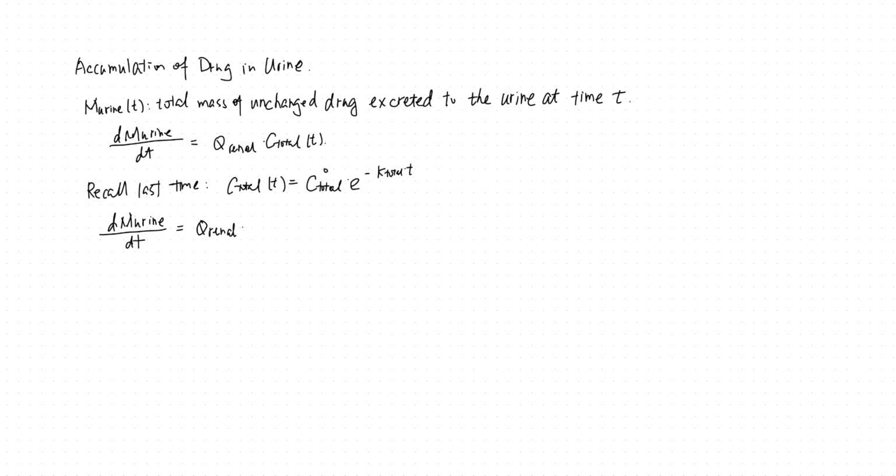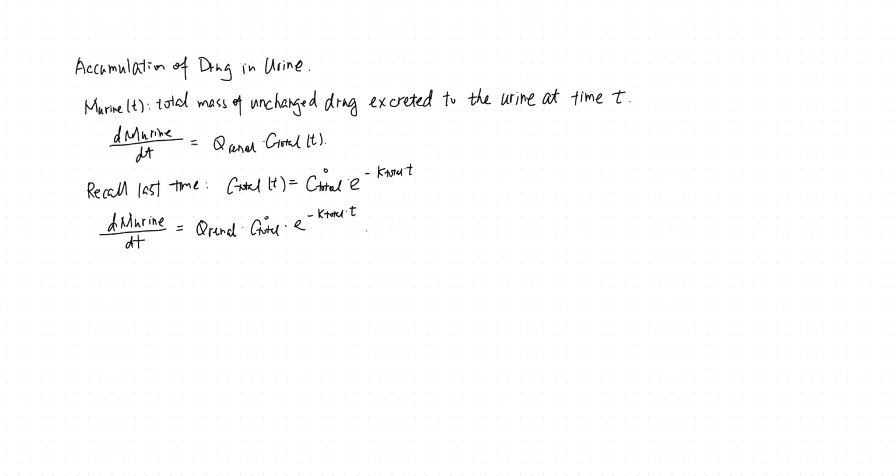We'll have C total naught multiplied by the exponential decay term. And after substitution, we can solve the differential equation by using the initial condition.